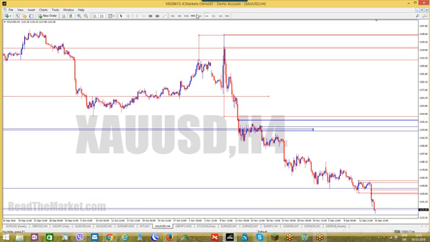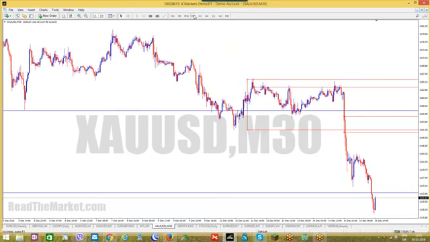Now, if we had something which wasn't at a higher time frame level, let's say just this, then we would be looking at it in a different manner. I don't have history on this, and we've been at this for quite a while now, so I'm going to wrap it up in a moment. But let's say we have an M30 level over there, or an H1 level, and we see that this ties in with it.